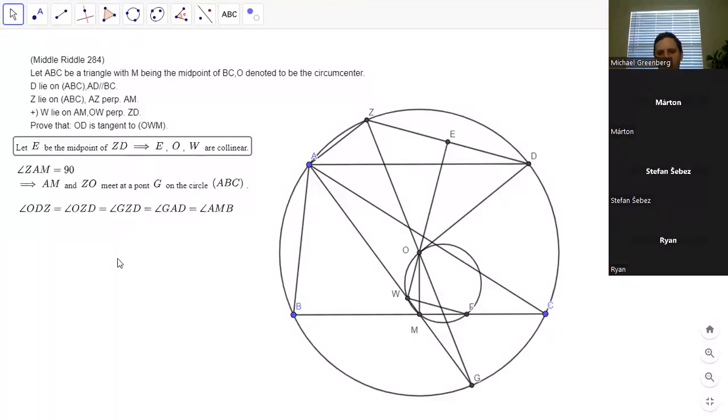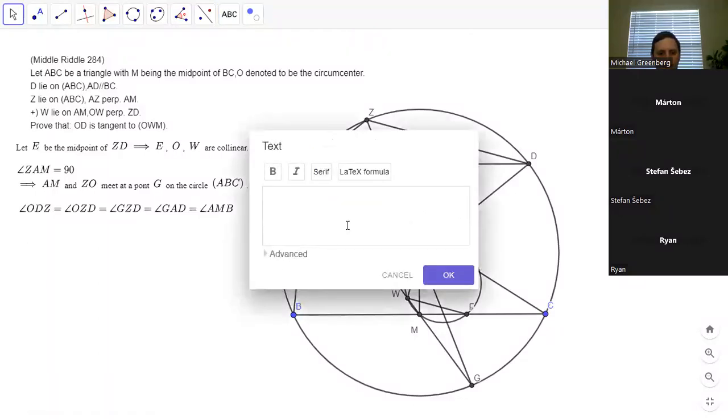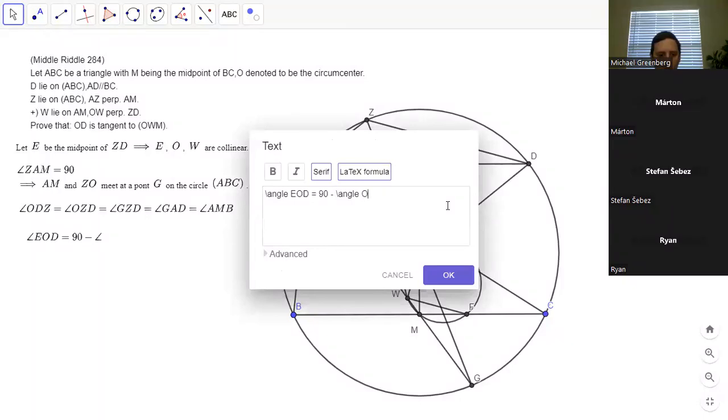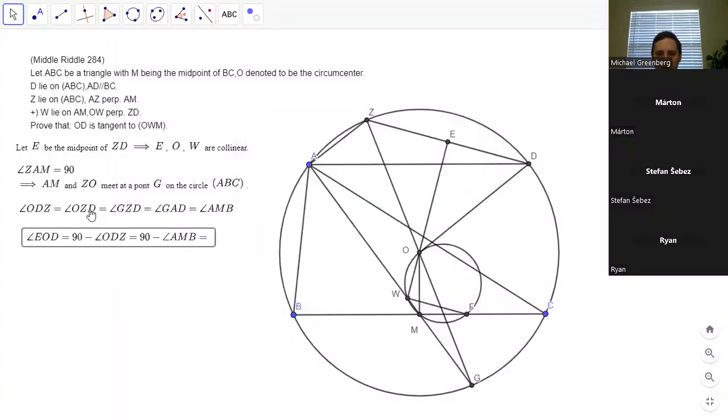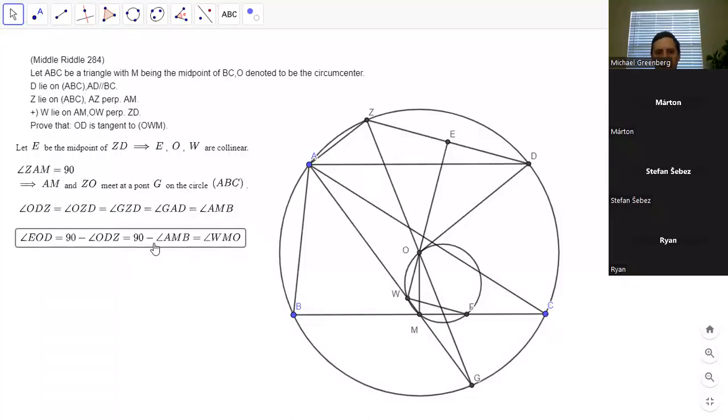So angle EOD is 90 minus angle ODZ, which is 90 minus angle AMB, which is angle WMO. And this means that OD is tangent. All right.